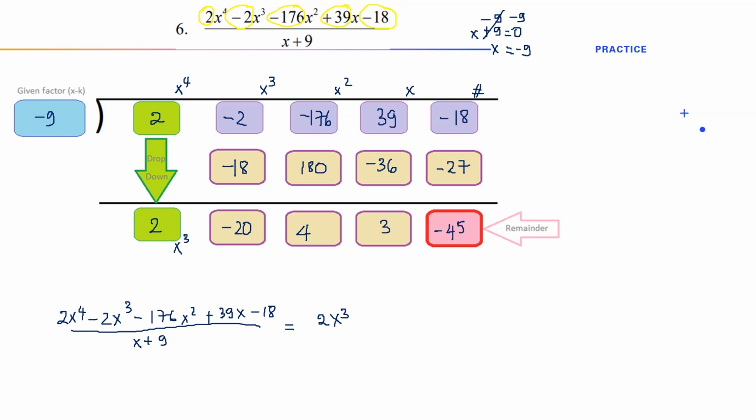Remember, reduce the power by 1, so x squared here, x, number, okay, minus 20x squared plus 4x plus 3 minus 45 over x plus 9.